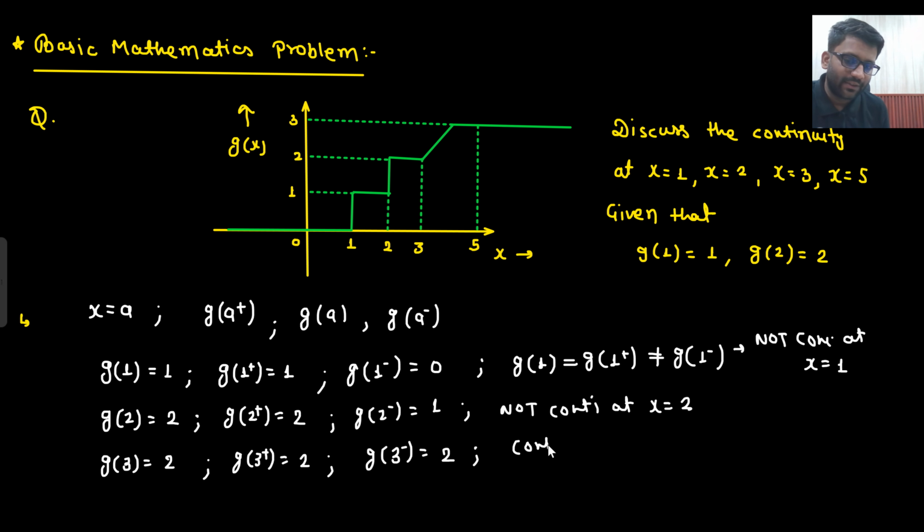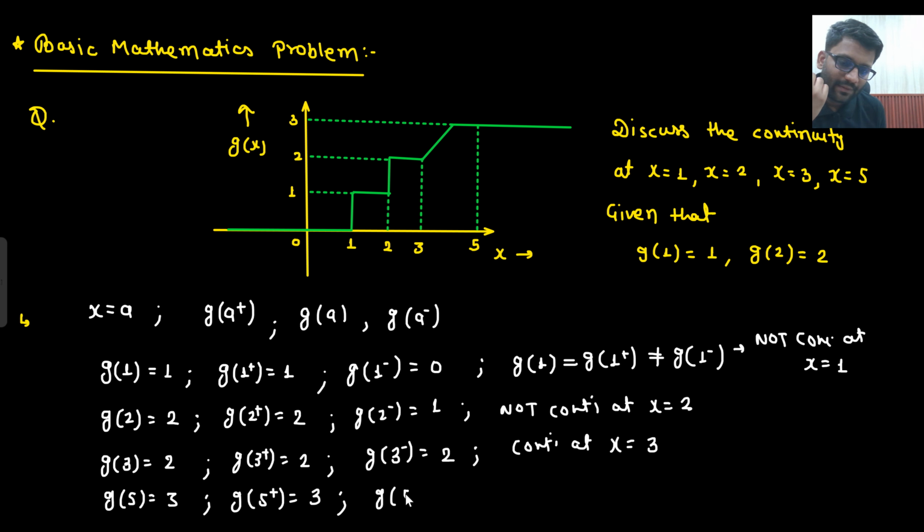So yes, it is continuous at x equals 3, right? At x equals 5, let's check. There is no sudden jump, so at x equals 5 the value is 3. At 5 plus also the value is 3. At 5 minus also the value is 3. So it is continuous at x equals 5.